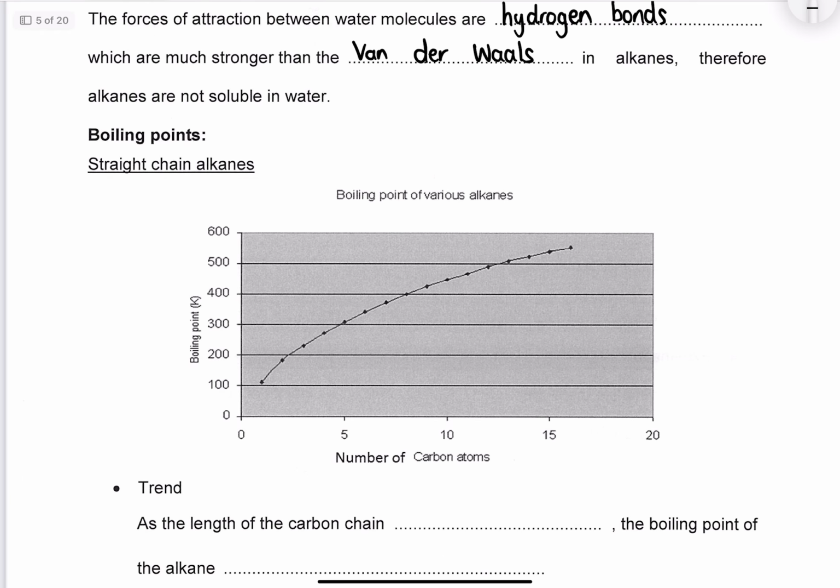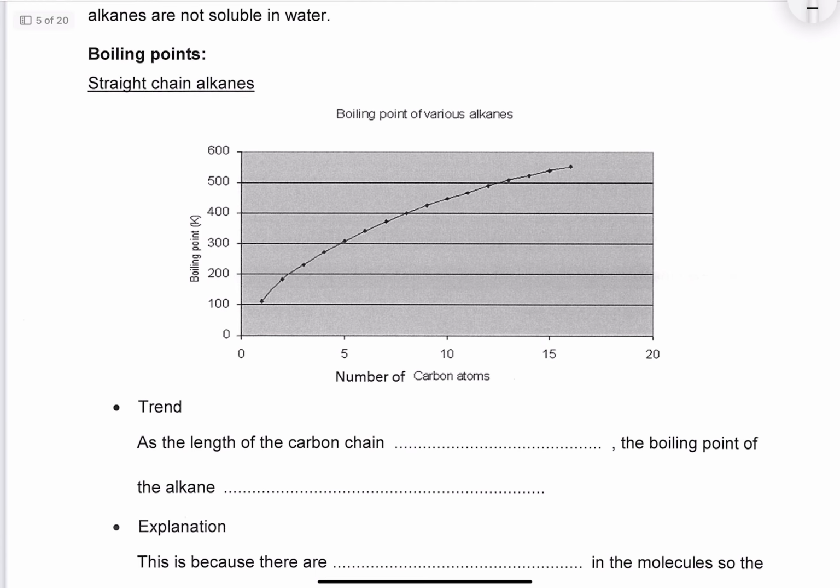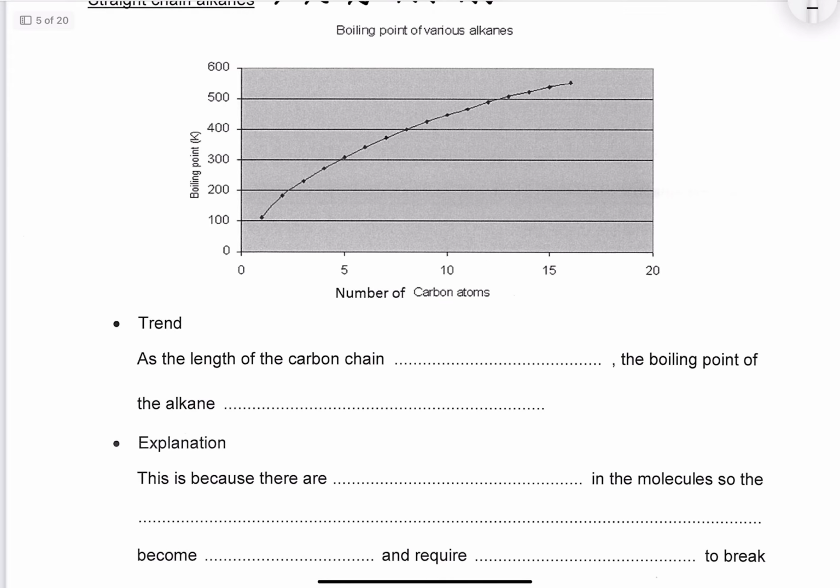The next thing we're going to look at is the boiling point, first of all, of the straight chain alkane. By straight chain, we mean things like methane or ethane or propane or butane or pentane or hexane and so on. Methane you can't really draw a skeletal formula of. As we look at this graph, what does it show us?